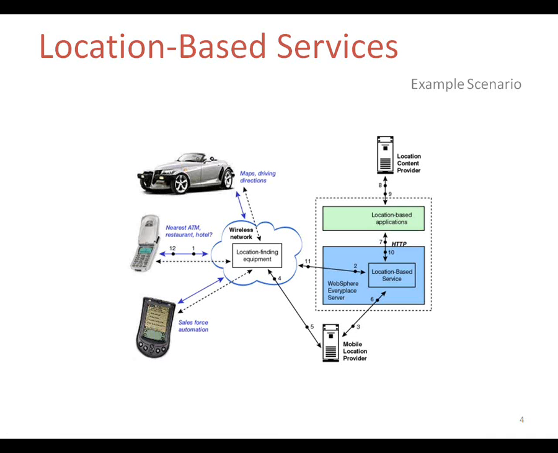Then it returns the data to the location-based service here, and then location-based service again sends this thing to the location content provider using the location-based application. Now, up to this point, you are having all the information of the user's current location.